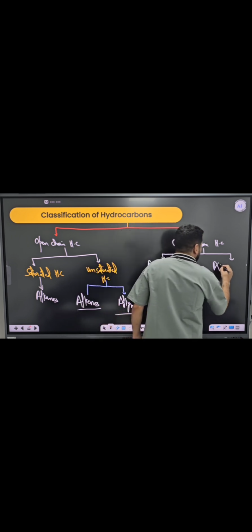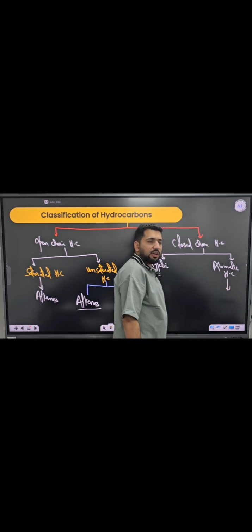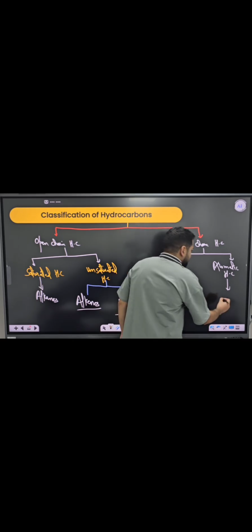In the same way, these closed chain hydrocarbons are classified into acyclic hydrocarbons, and second one, aromatic hydrocarbons. These aromatic hydrocarbons, example is benzene.